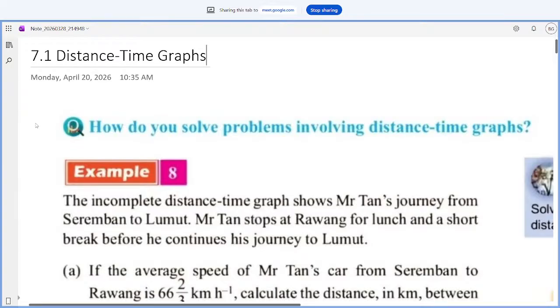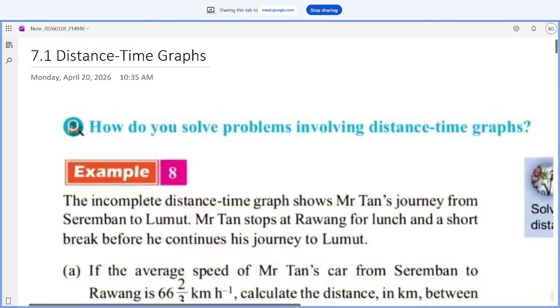Alright. How about the area under the graph? Does it represent anything for a distance time graph?